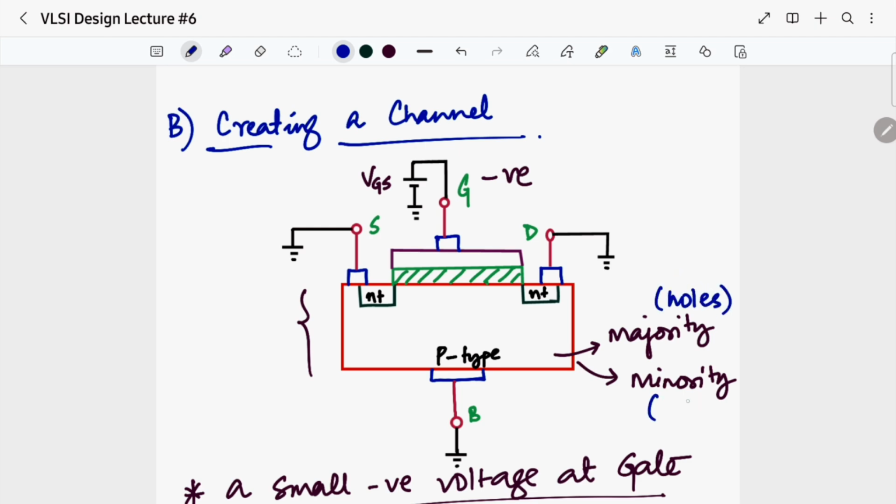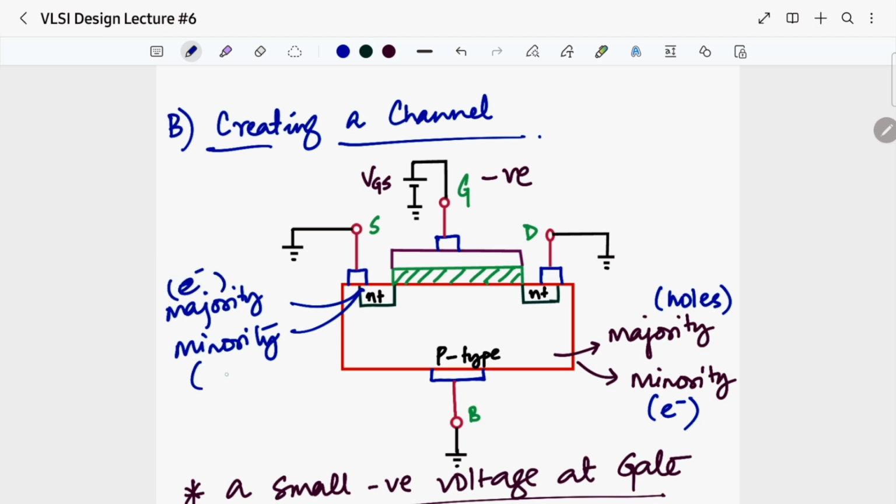What is the minority carrier of p-type? Electrons. And while we are at this, what will be the majority and minority carriers of n plus regions? Majority will be electrons and minority will be holes. So this you have to remember.